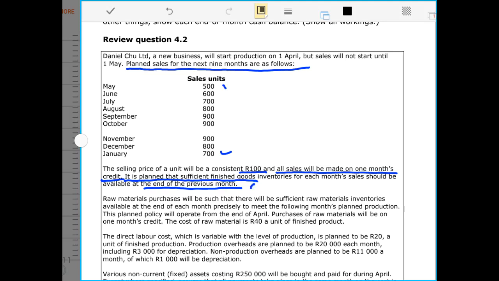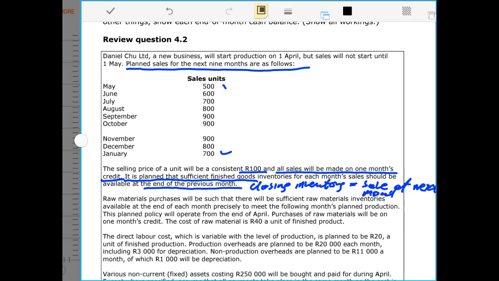This means closing inventory is equal to sales of next month.